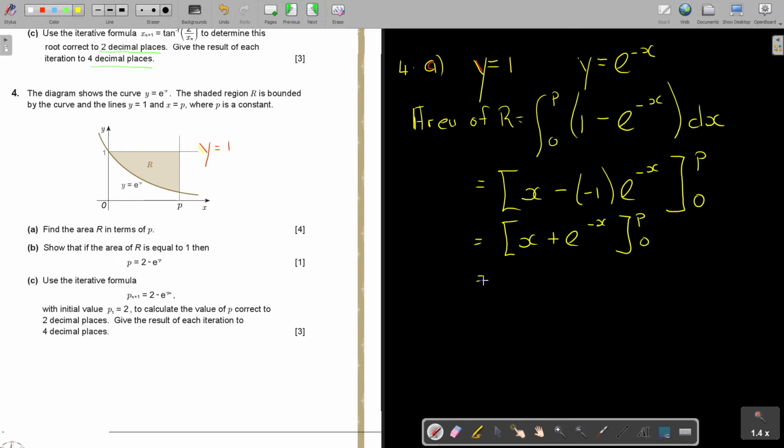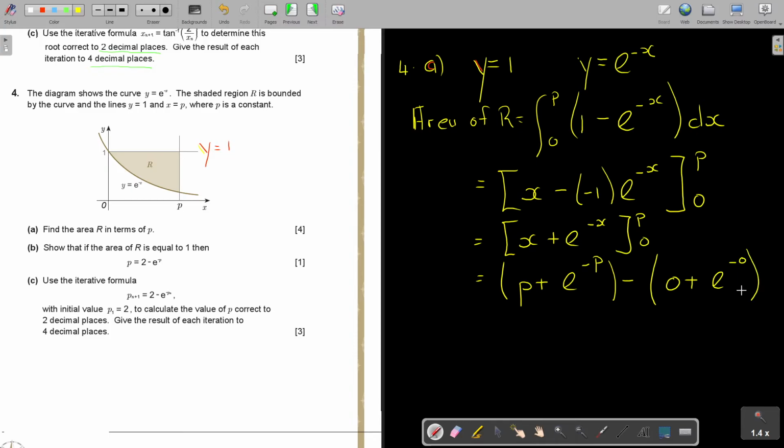And now I'm just going to substitute. In the place of x, it's going to be P plus e to the negative P, so that's the first one. Subtract, and then I substitute 0, plus e to the negative 0, and I close.